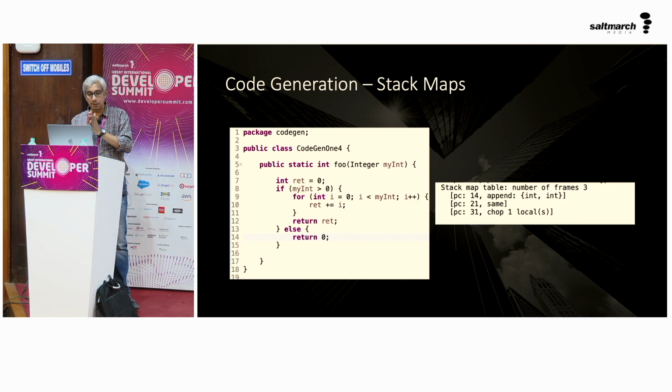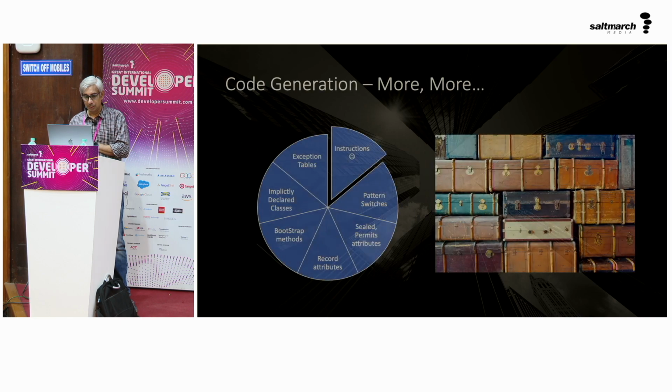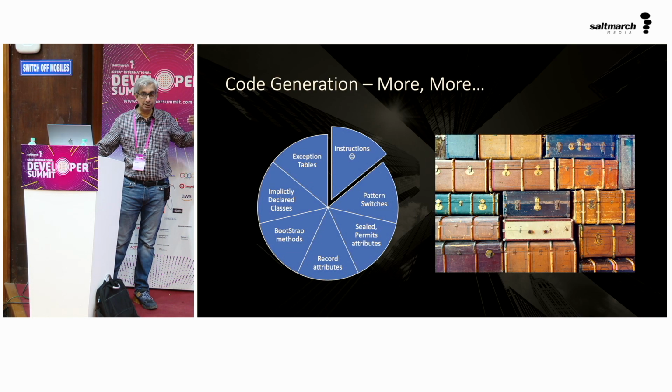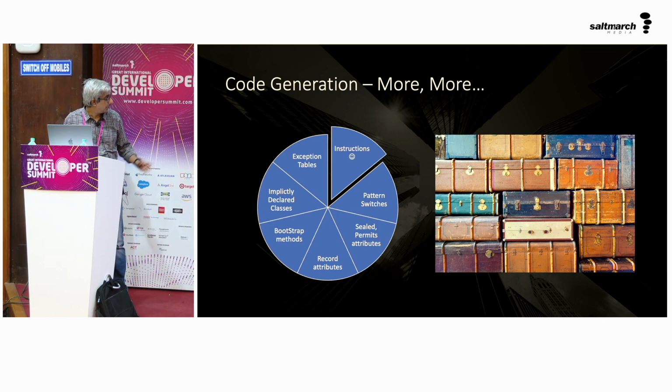And that's another thing that the compiler generates. And it does a lot more. It's not just the instructions. There are implicitly declared classes, so now you don't even require a class, and exception tables, pattern switches, etc.